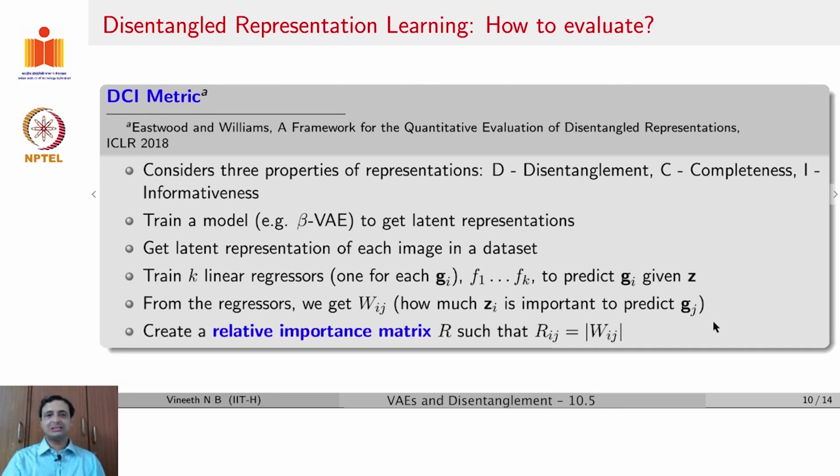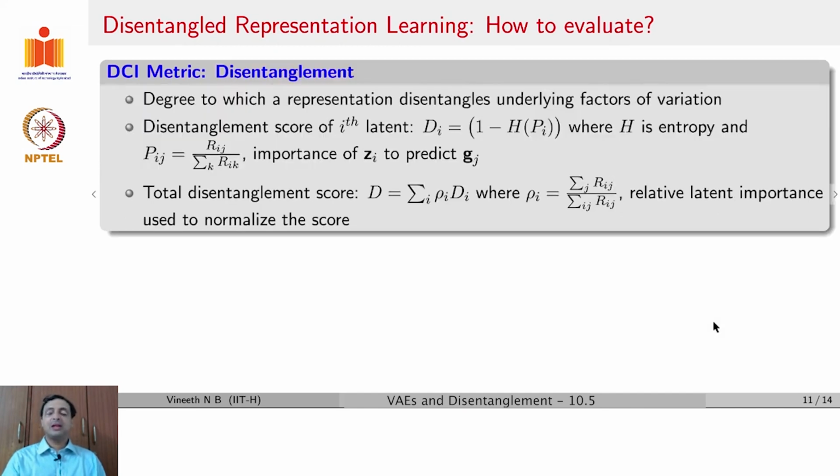We're going to call this the relative importance matrix, which is the absolute value of Wij's obtained through the regressors. Once you get this relative importance matrix, there are quantities defined for disentanglement, completeness and informativeness.